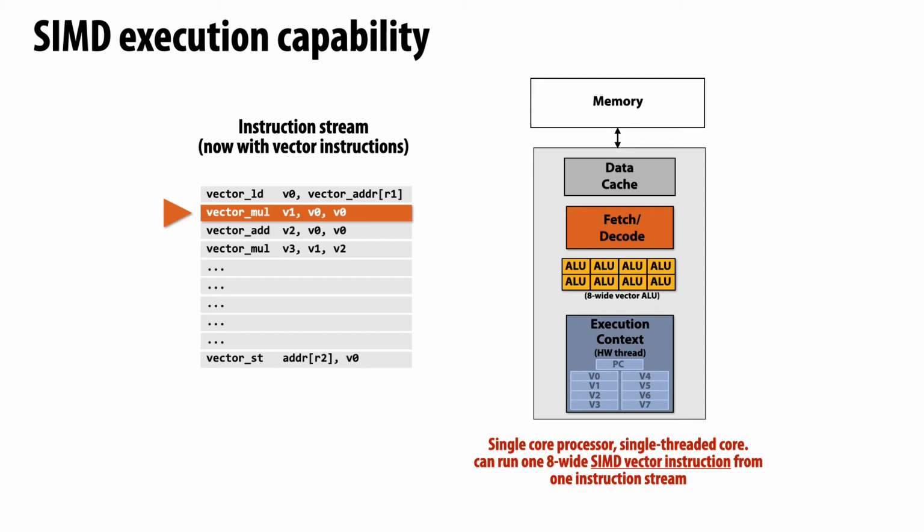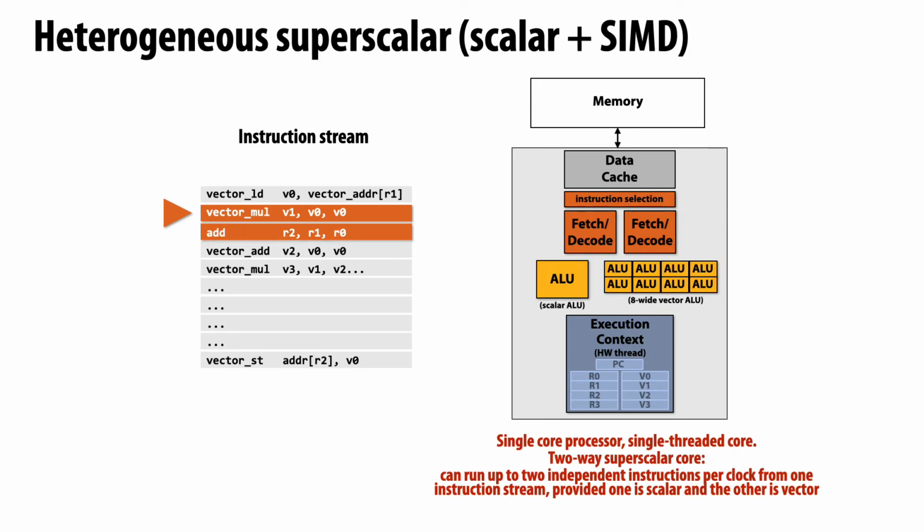Okay. Now we can combine the two ideas we just talked about. We can combine superscalar and SIMD, and now I have a new core that can fetch and decode 2 instructions per clock. But this particular core has one ALU that can perform a scalar operation, like a regular floating point multiply, and another ALU that does an 8 wide vector operation.